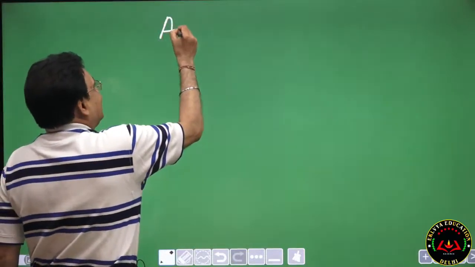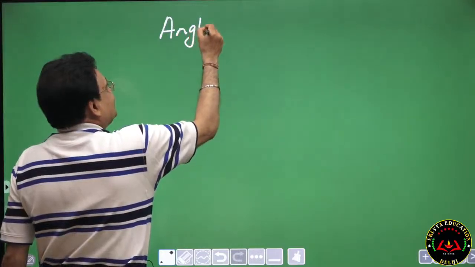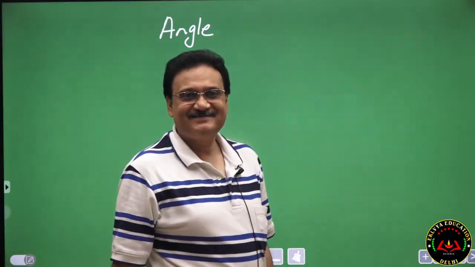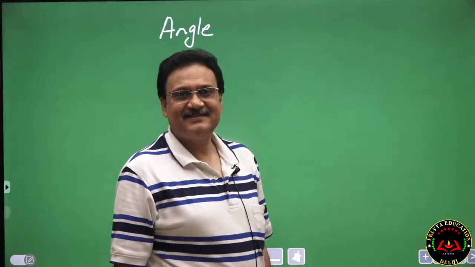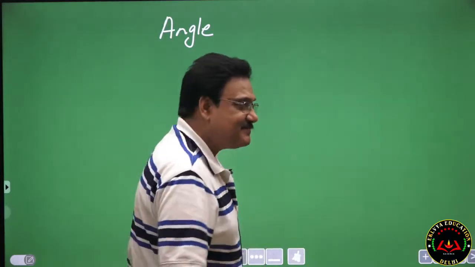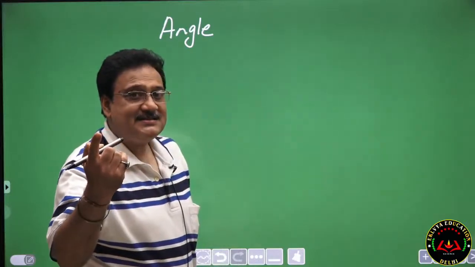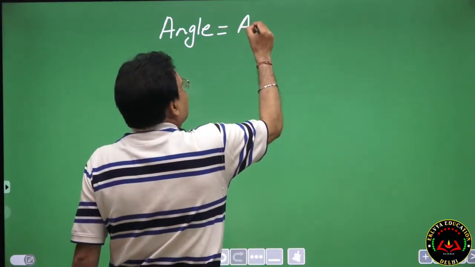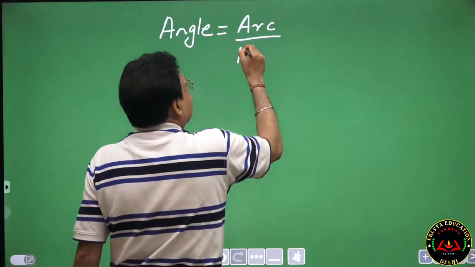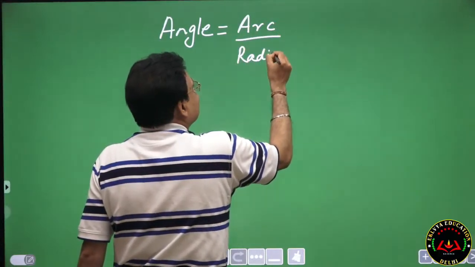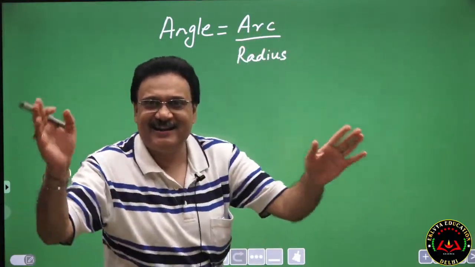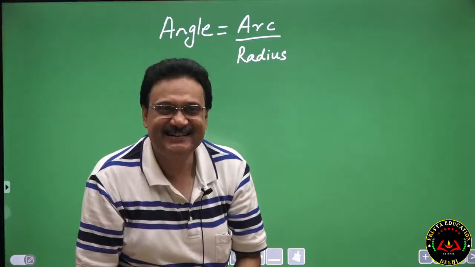Okay, dimensionless variable. Angle, see, it is dimensionless. Why dimensionless? Angle is arc upon radius.